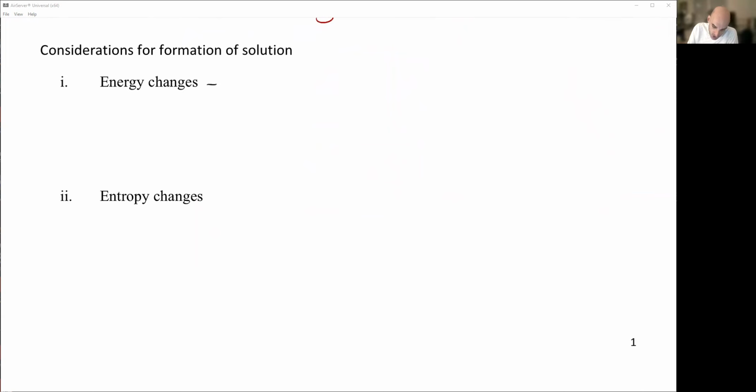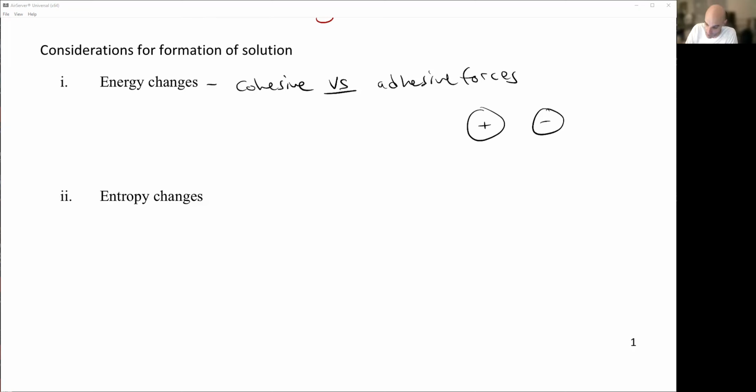Energy changes that we need to think about are the cohesive versus the adhesive forces. This is a good example of why we have to consider this. If I have a positive and negative ion of our salt, we know that that interaction, that ionic bond, is very strong.